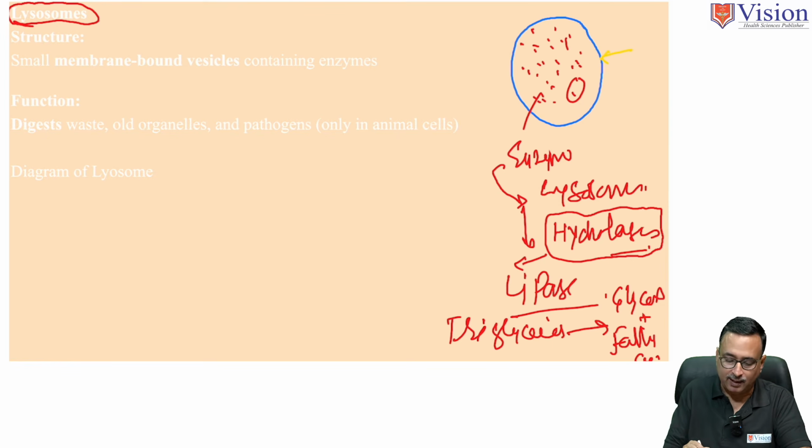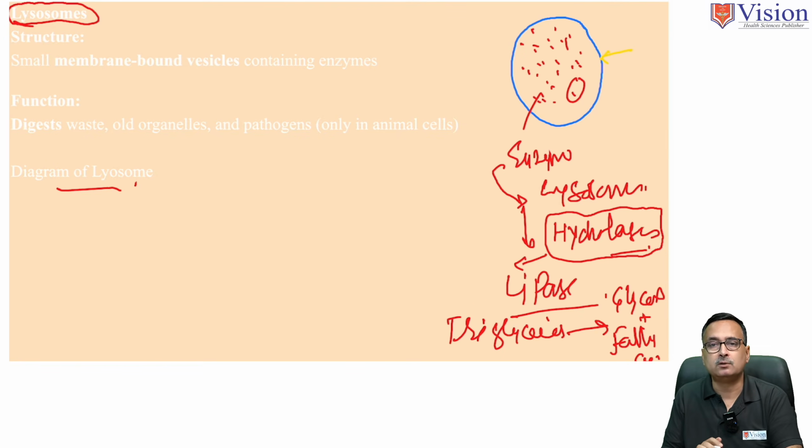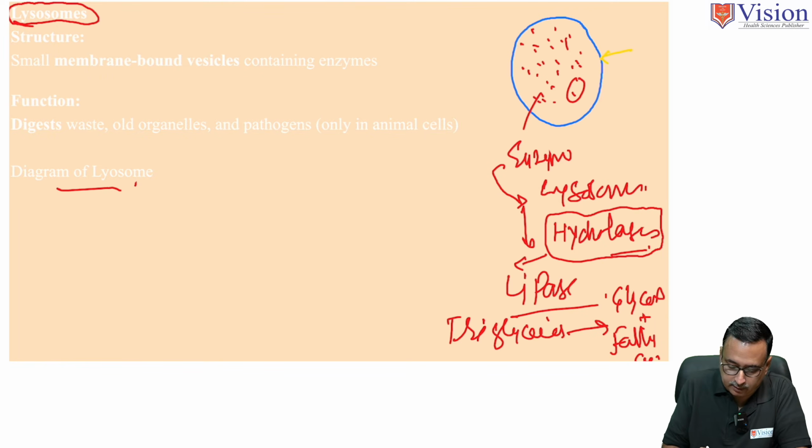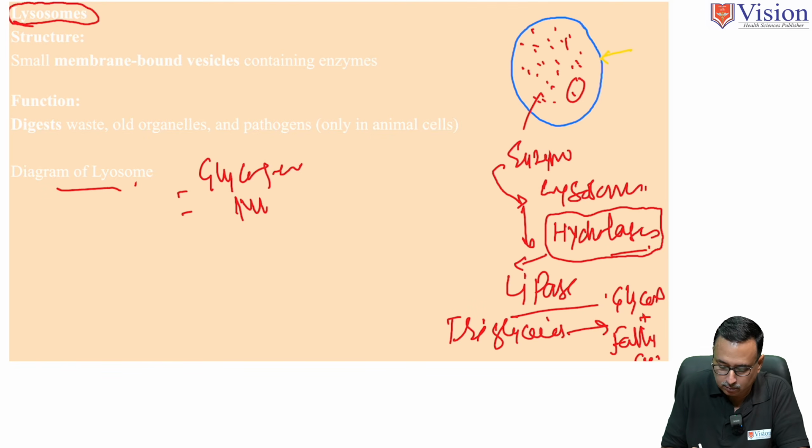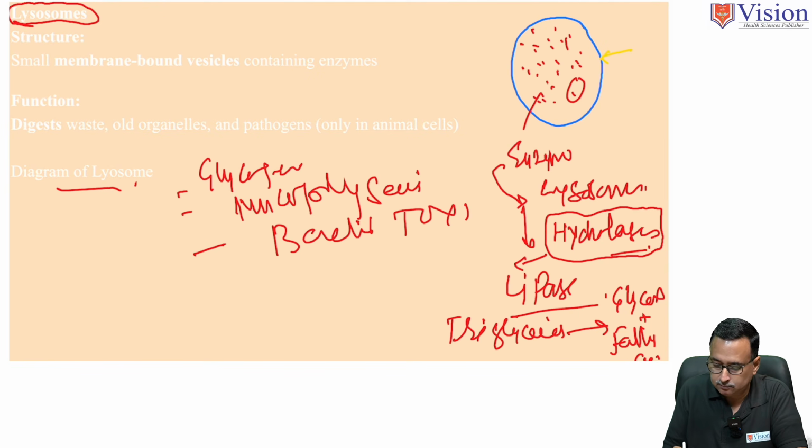So what is the function of the lysosome or lysosomal enzyme? Lysosomal enzymes bring about breakdown of excessively stored molecules in the body like glycogen, like mucopolysaccharides, like bacterial toxins.